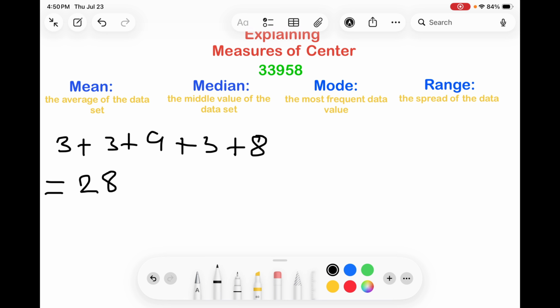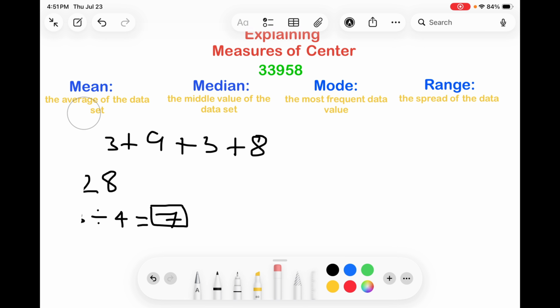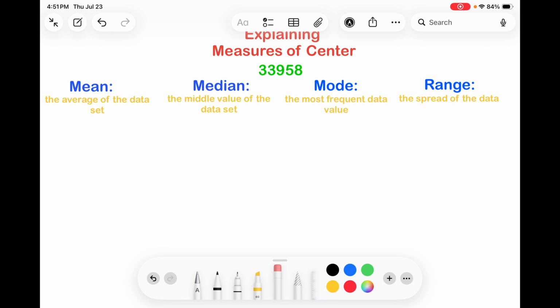There are 2 3s, so it's only 4 different data values. It has to be different. So I take the sum and divide it by the number of different data values, and there you go. You found your average, which is also your mean. Like I explained, if you divide it equally, it would be exactly the same, 7 for each of the 4 different numbers. So that is how you figure out the mean. The mean is 7.